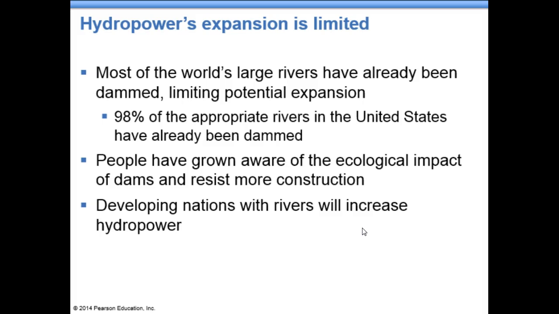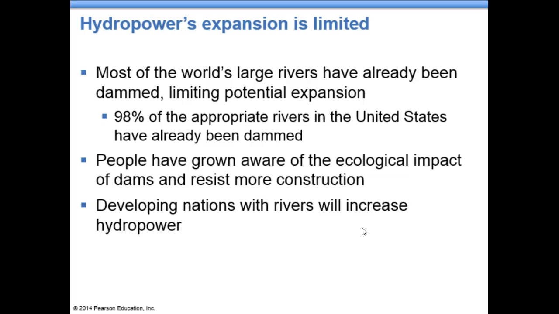So back to Sweden. Hydropower's contribution to the national energy budget has remained virtually unchanged for the last 40 years. In the U.S., 98% of our rivers appropriate for dam construction have already been dammed. The remaining 2% are protected under the Wild and Scenic Rivers Act.